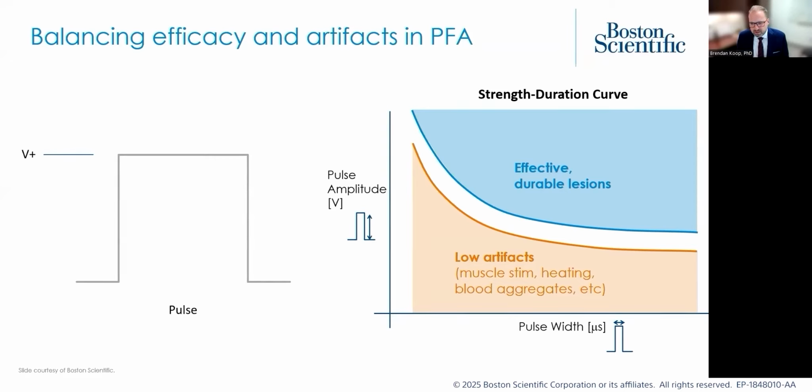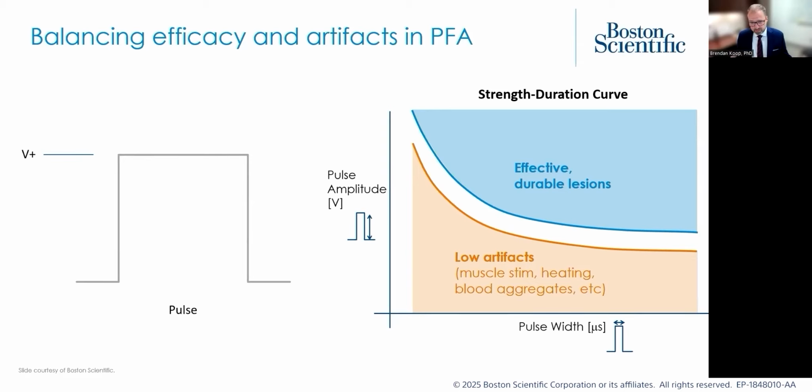And in practice, it's very difficult to make these two areas intersect. When we start researching pulse field ablation, we always use off-the-shelf catheters that we have at our disposal. And one of the things you quickly discover is it's very difficult to make these curves intersect. You're either getting a good lesion or you're getting low artifacts, but not both.